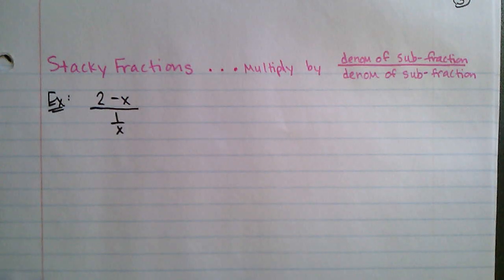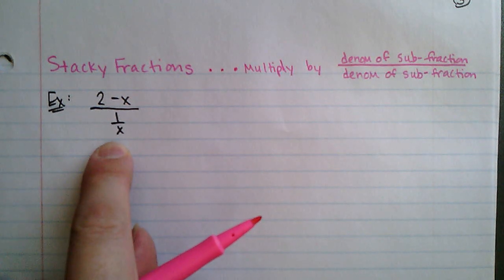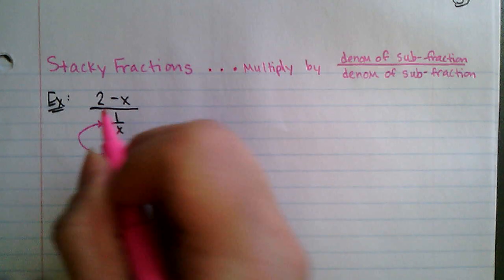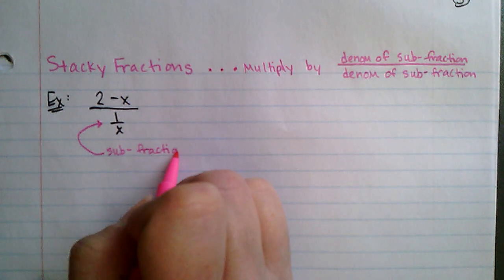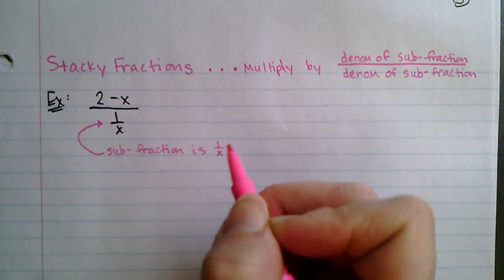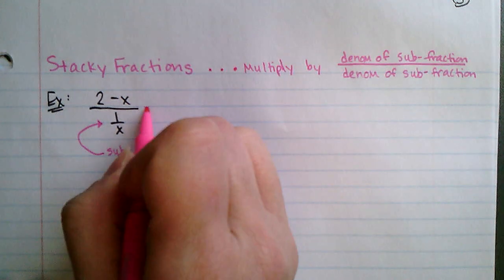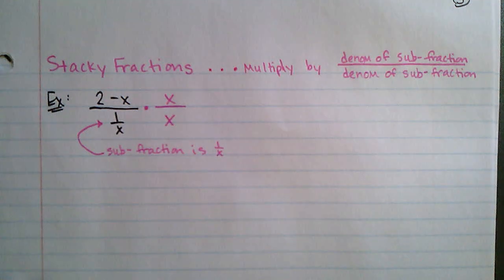So in looking at this stacky fraction, here is my subfraction. It's 1 over x. Its denominator is x. So what I'm going to do is multiply this fraction by x over x.